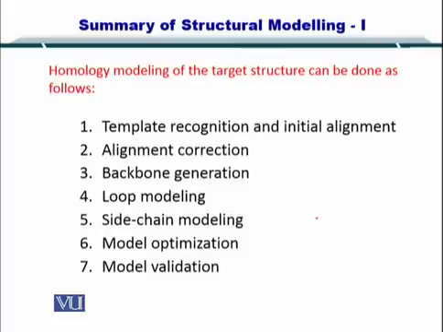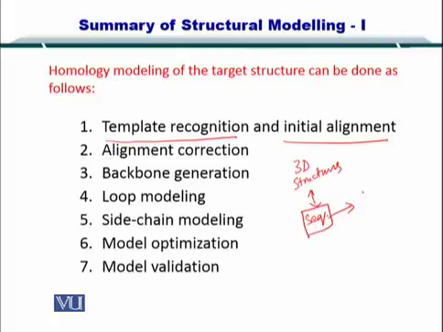The first one was the template recognition and initial alignment. So this involved the identification of 3D structures by looking at their sequences. And then you aligned your sequence with the sequence of the protein whose structure is unknown.